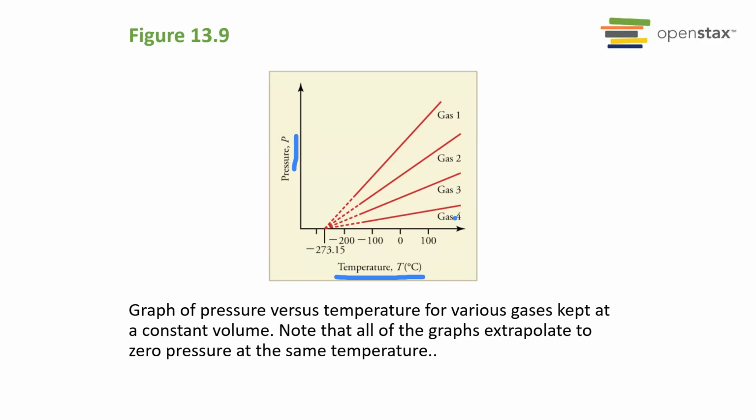But if you have 4 different gases, depending on the gas and the density of the gas, and this is a big thing, the density of the gas, sometimes different gases move faster than others, or they have more space. And so these factors factor into it, but pressure versus temperature pretty much is always going to be the same. If you increase the temperature, you increase the pressure. I should say that the volume is constant, so you almost have to put it in something where the volume doesn't change.